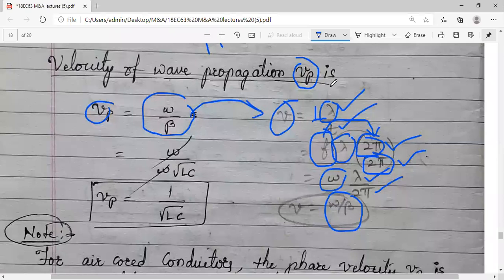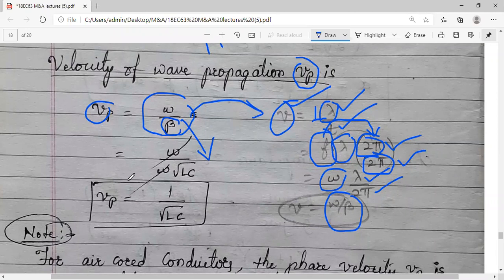So you can start with the velocity equation lambda by t, that is distance by time, and arrive at omega by beta. Directly it is taken here. Now why do we want beta only? If possible, we could have reduced it in the form of alpha. But the attenuation constant alpha, we are nowhere concerned with, because we are working with the phase, that is the omega term and beta term.